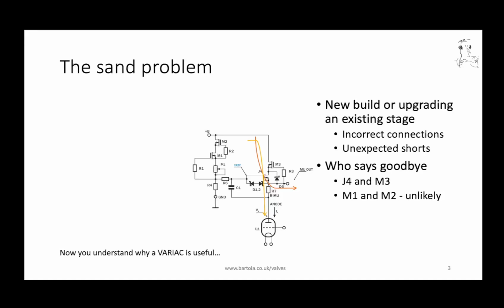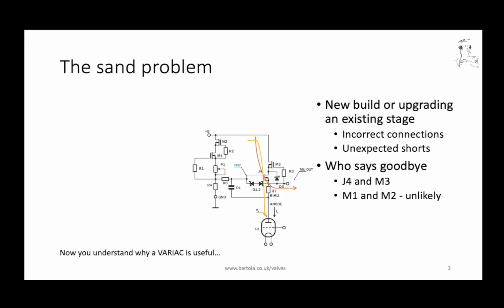And in normal operation, everything is fine because the cascaded pair M3 and J4, actually J4 should be M4, but I think by diagram, the legacy denomination was a JFET, before I normally had a MOSFET in that place.